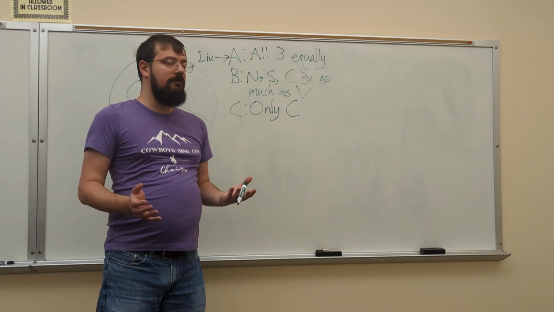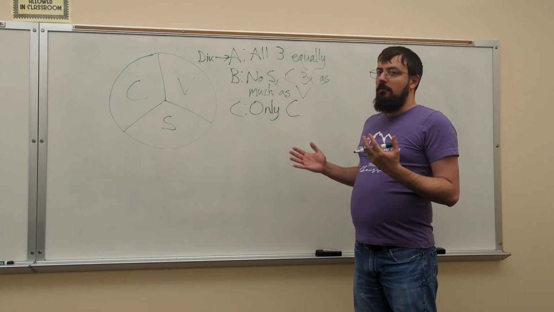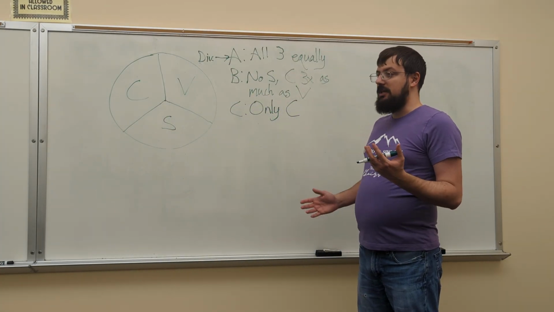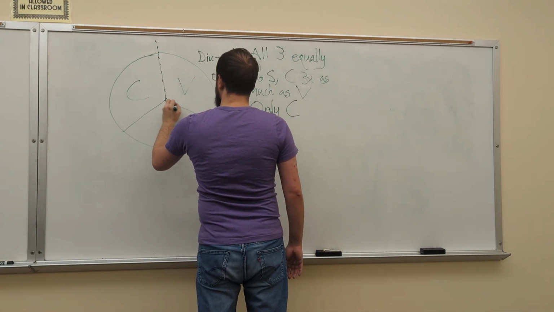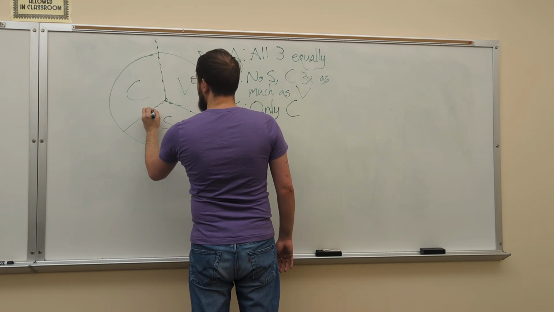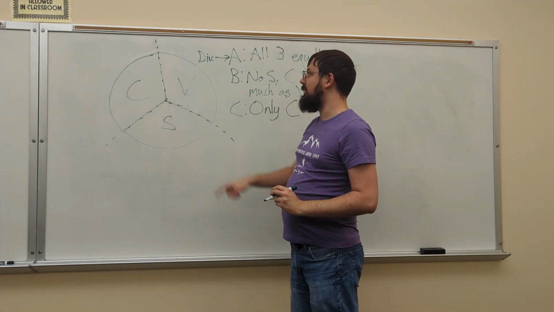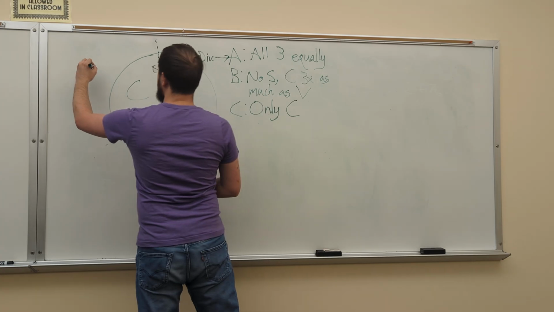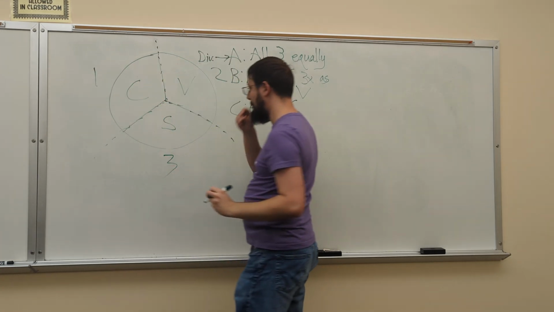So if A is the divider and A likes all 3 flavors equally, then one way that A could divide this would be simply to split the cake so that each section of each different flavor is a separate share. We'll call the chocolate share 1, vanilla share 2, strawberry share 3.